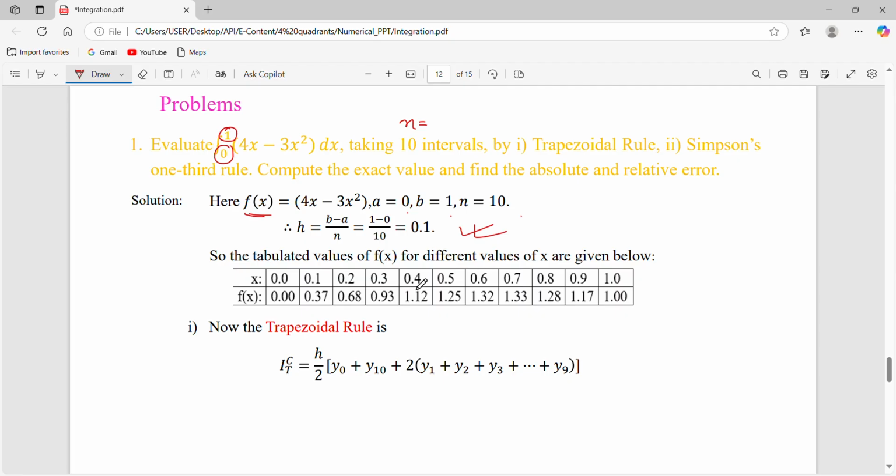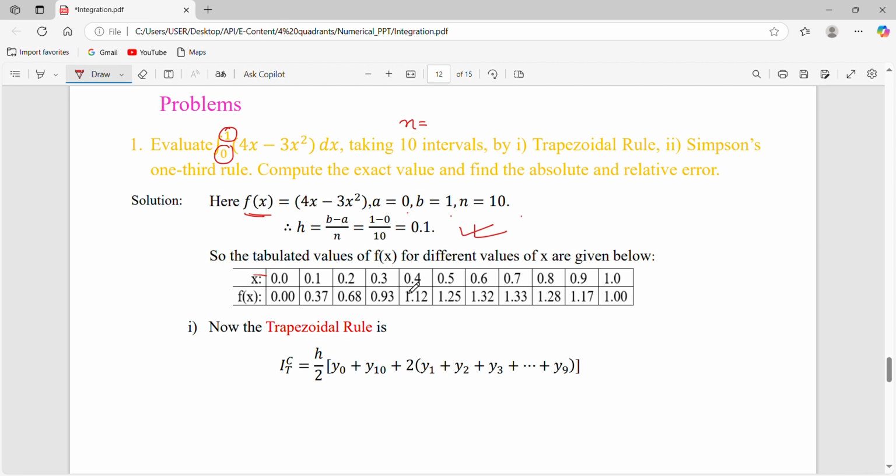Now the most important thing is the tabulation of the values of x and the corresponding values of f(x). Since the initial value is 0, we will start with 0. Then the increment is 0.1, so 0.0 plus 0.1 is 0.1, again 0.1 plus 0.1 is 0.2, 0.2 plus 0.1 is 0.3.